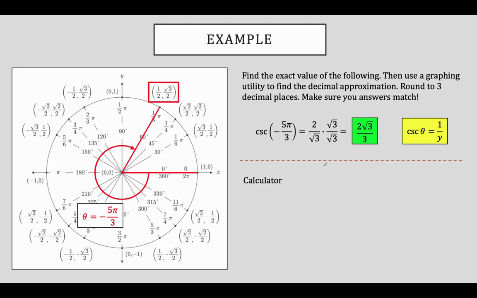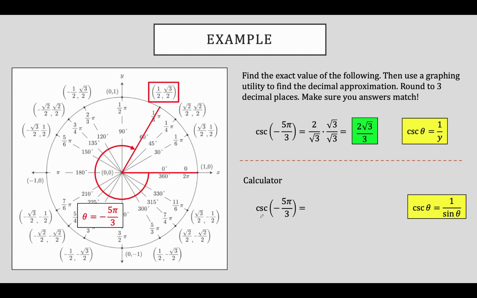And let's check our work in the calculator. The cosecant of negative 5 pi divided by 3. Well, again, we don't have a cosecant button in the calculator. However, we know that cosecant of theta is equal to 1 over sine theta. They are reciprocals of each other.